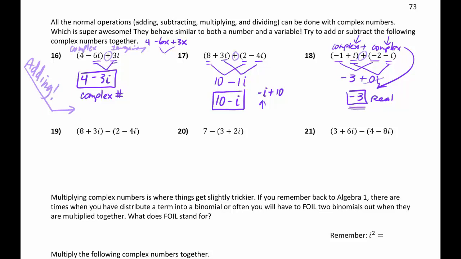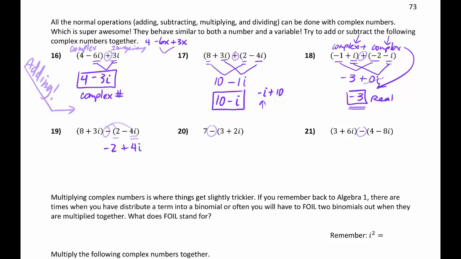Okay, and it's going to be a little bit different for 19, 20, and 21. These questions actually are all subtracting in the middle. You have to be particularly careful about subtracting groups of things. If I'm subtracting 2 and this negative 4i, I have to take that negative sign and distribute it to everybody, because it's pretty simple just to subtract 2, but when you subtract the negative 4i, or subtracting a minus 4i, it actually becomes positive 4i.